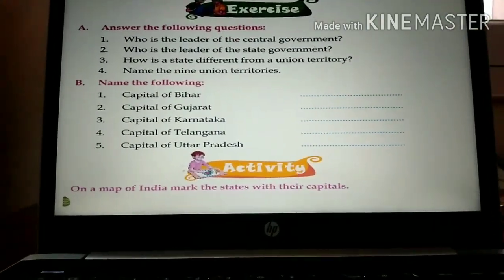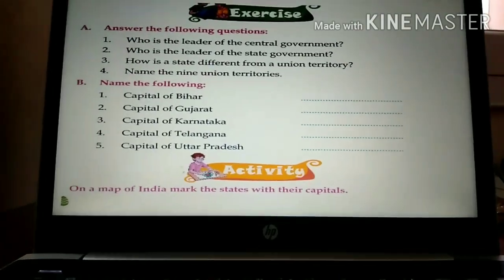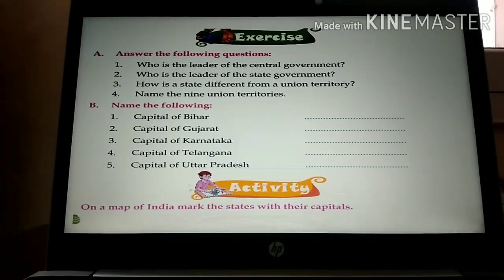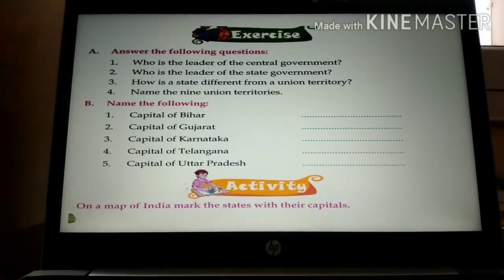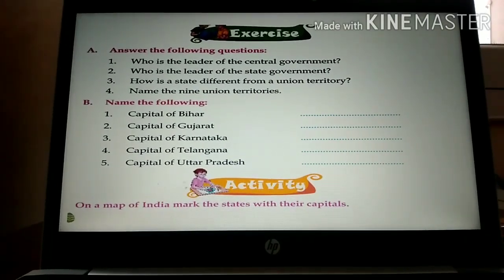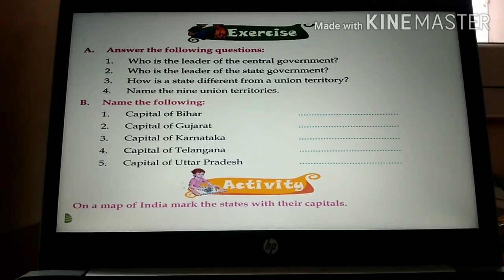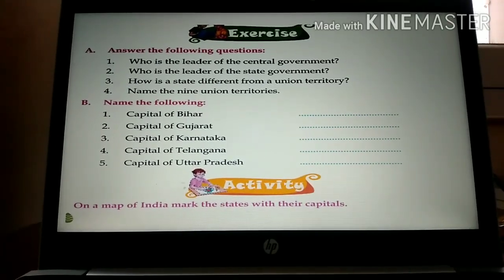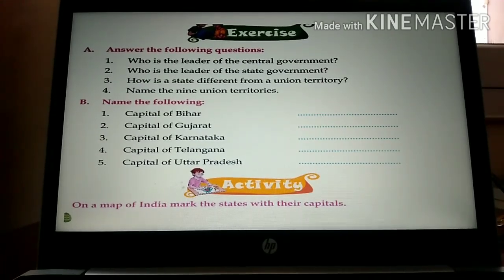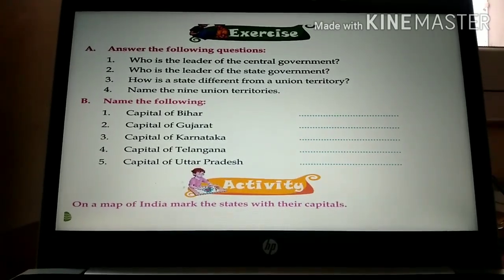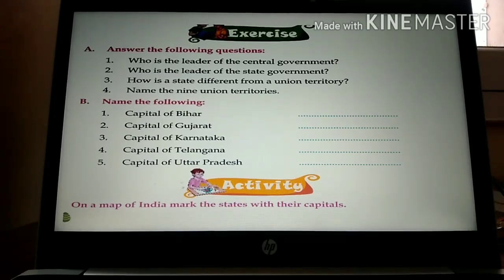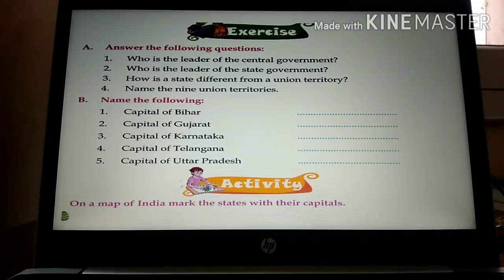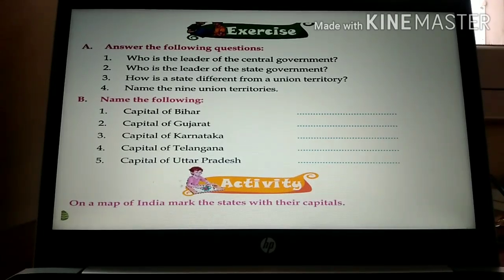let me tell the answer of question number 4 also. Name the 9 union territories. The 9 union territories are, first is Andaman and Nicobar Islands, second Chandigarh, third is Dadra and Nagar Haveli, fourth is Daman and Diu, fifth is Jammu and Kashmir, sixth is Ladakh, seventh is Lakshadweep, eighth National Capital Territory of Delhi, and ninth is Puducherry.